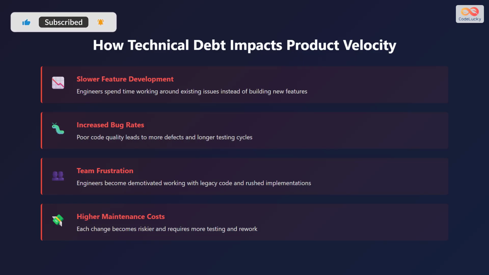And higher maintenance costs mean each change becomes riskier and requires more testing and rework. Over time, a team that accumulated significant technical debt can ship features at a fraction of the speed they could before. This is why understanding and managing technical debt is crucial for maintaining long-term velocity.